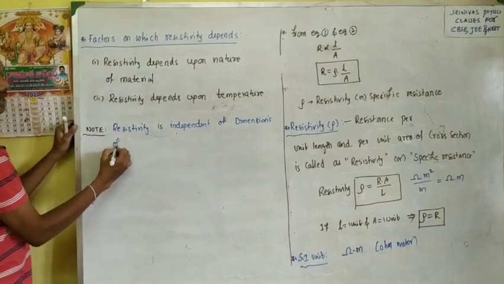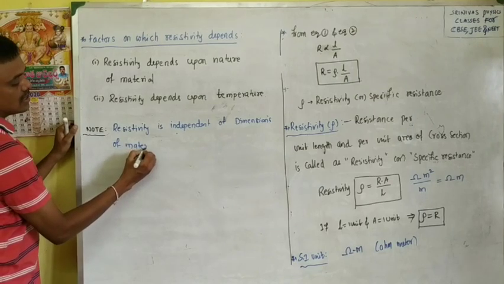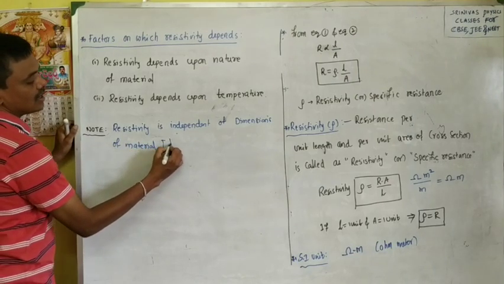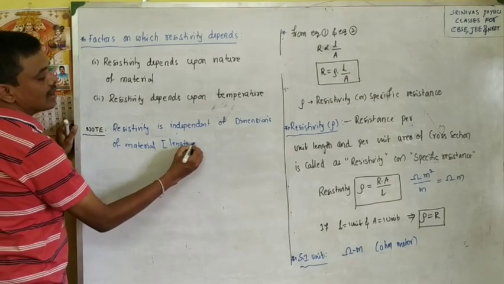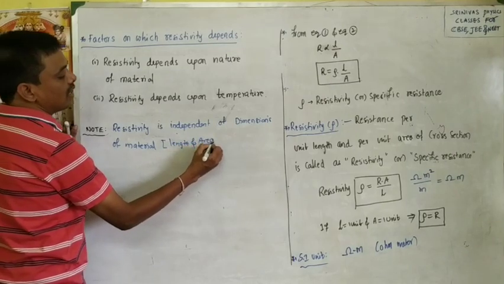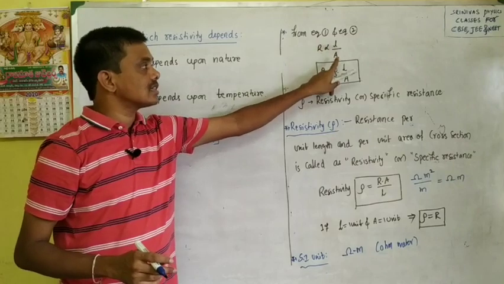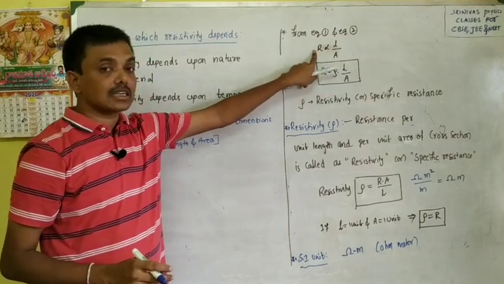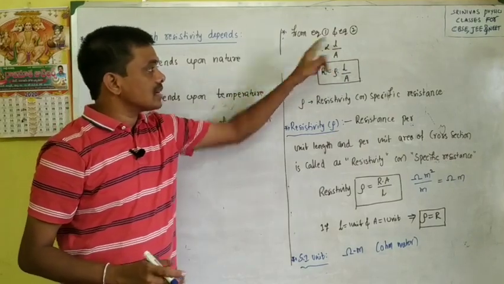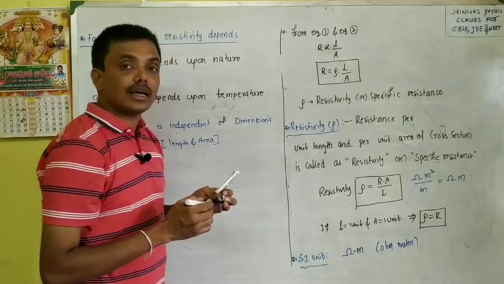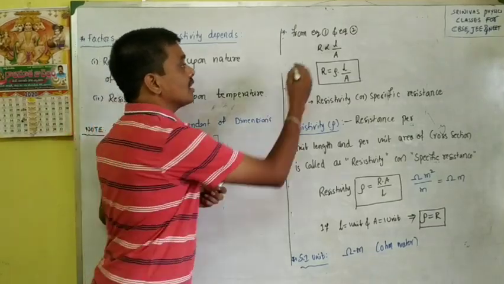Dimensions of material means resistivity does not depend upon length and area, okay? Why does it not depend upon the length and area? When length increases, resistance increases. When area increases, resistance decreases. Then resistance depends upon the length and area.